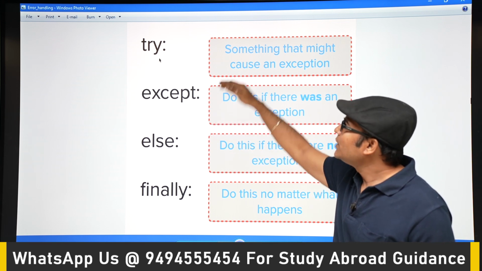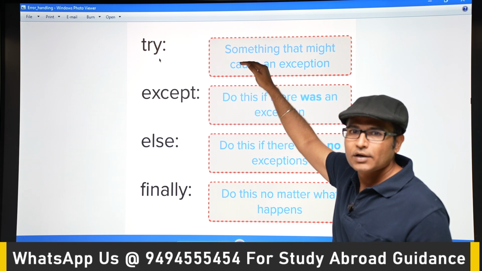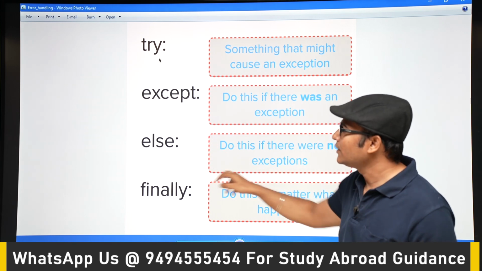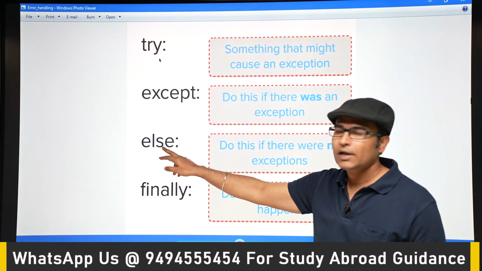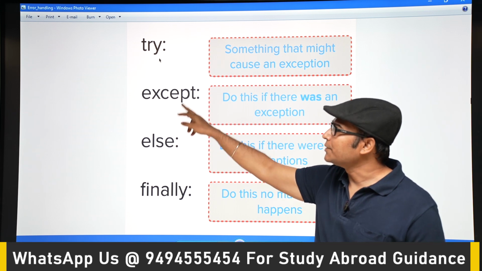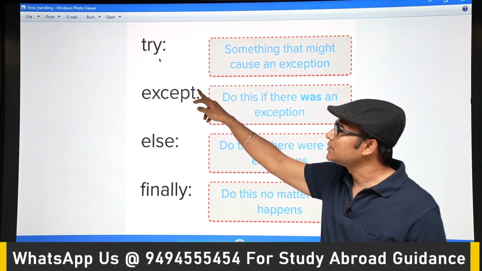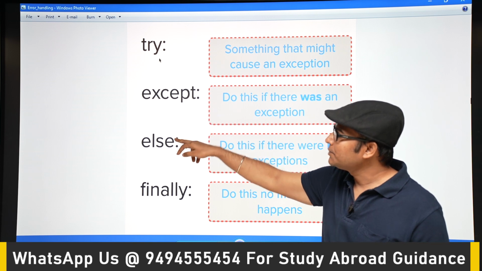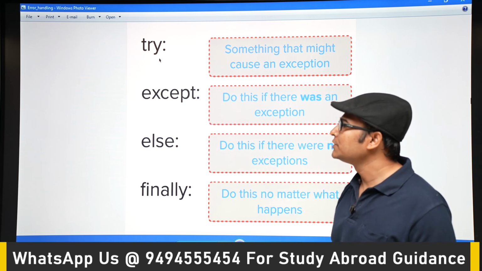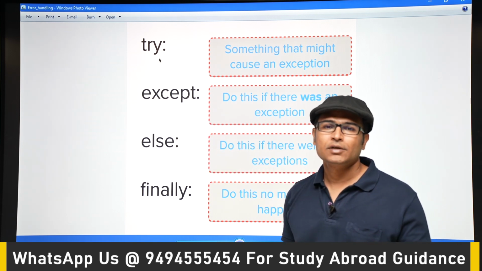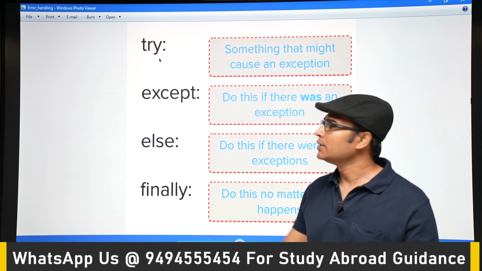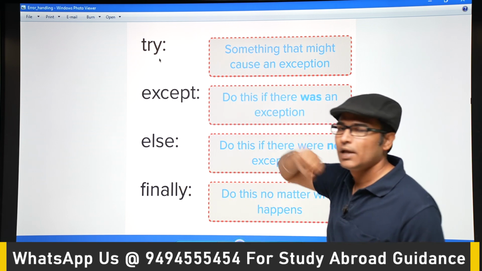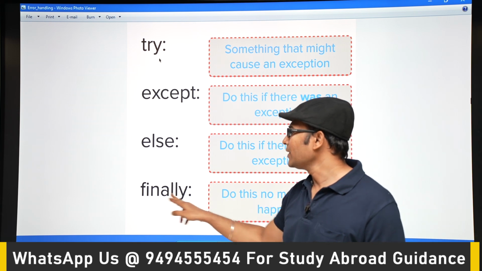And now if there is no exception in the try block, then if you want something to be done, you are going to place it in the else. Else has to be after except. Try should be there, then except should be there, then after except, else should be there. Now else will execute when there is no exception in the code that you have written in the try block. And then you are going to have finally.